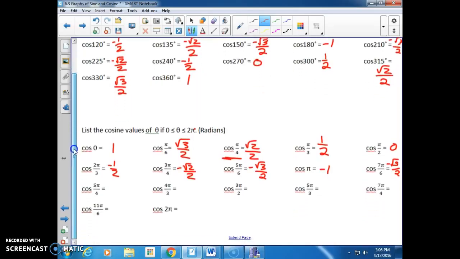And the next row then, negative square root of 2 over 2, negative 1/2, 0, 1/2, and square root of 2 over 2. Square root of 3 over 2, and a positive 1.